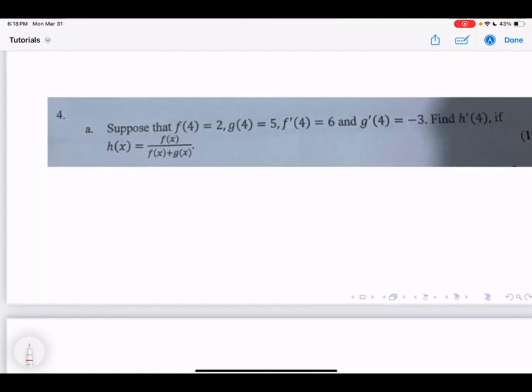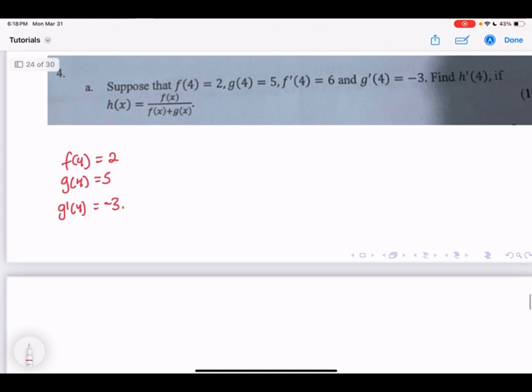Alright, so now let's solve our last question for the day. So we are given f of 4 to be equal to 2, g of 4 to be equal to 5, and g prime of 4 to be equal to minus 3. And we are being asked to find h prime of 4.